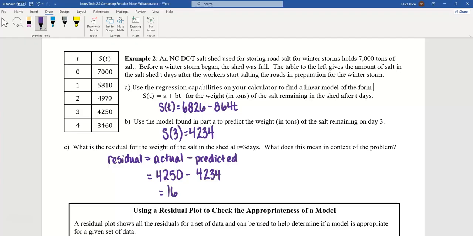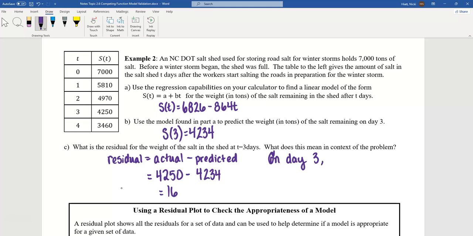I would say, because this already just goes actual minus predicted, I like to just talk about it actual minus predicted, although you can do the opposite. But I would say on day 3, you need to give a time period, because this is not true on day 1 or day 4 or day 7.